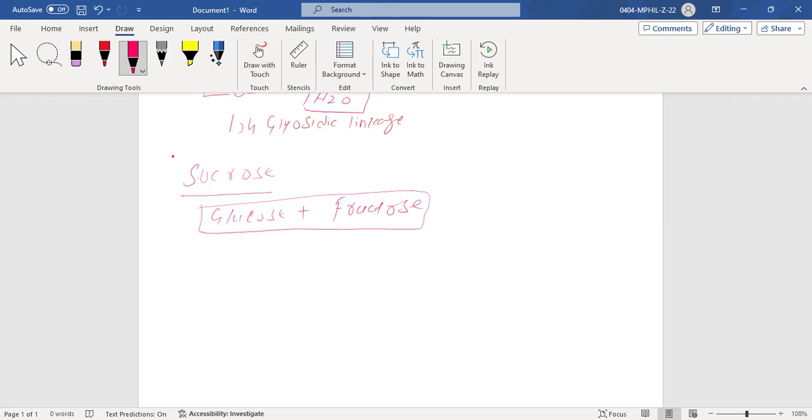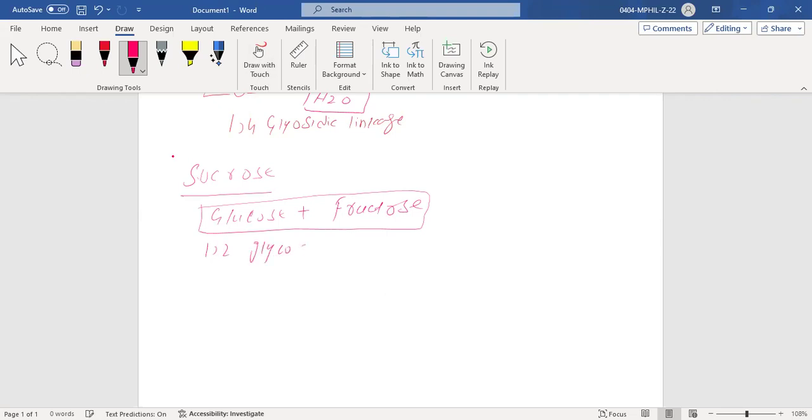So again, the glycosidic bond will form here, but you must keep in mind the symmetry of the bonds between them. I'm directly writing here, that is 1,2 glycosidic linkage.